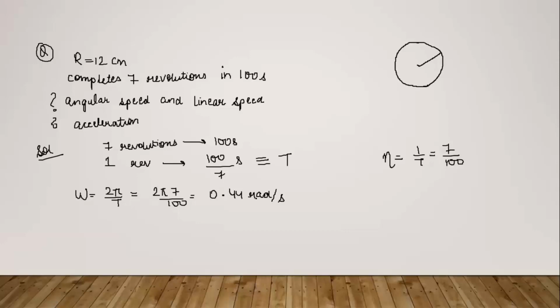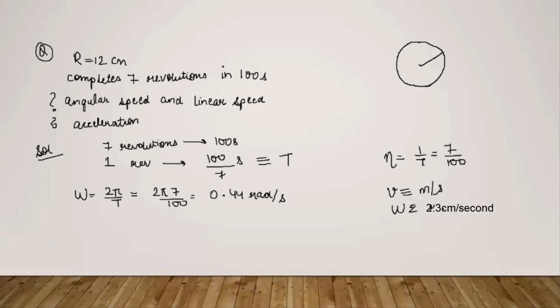Radians is the unit used to define angles. When we write velocity, we write it in meter per second because this is the length the particle is traveling, and when we take out the angular speed, it is in terms of angles. For omega, we use the unit 2.3 centimeter per second square.